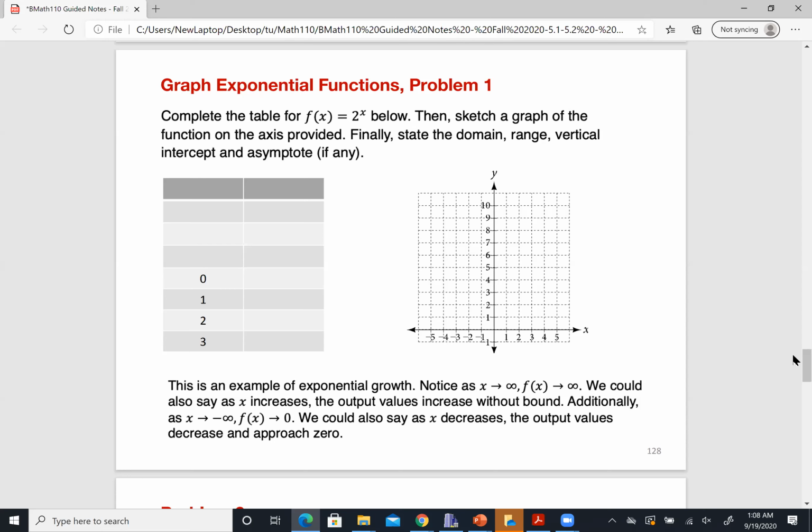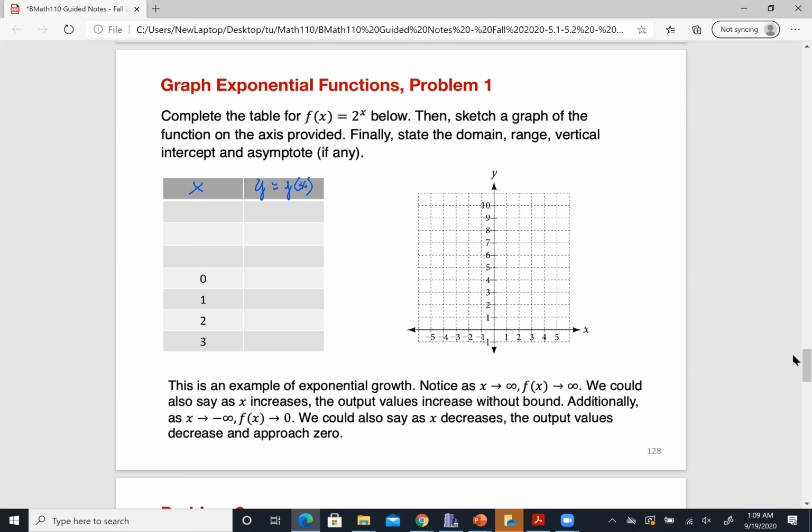And finally, state the domain, range, vertical intercept, and asymptote. So the left hand side is x, the right hand side should be y equals f(x), and they put some values here.